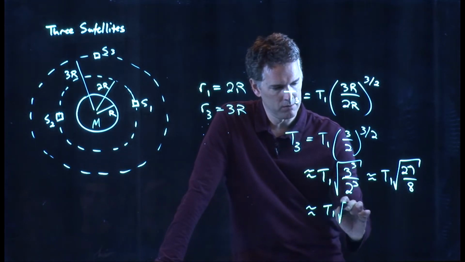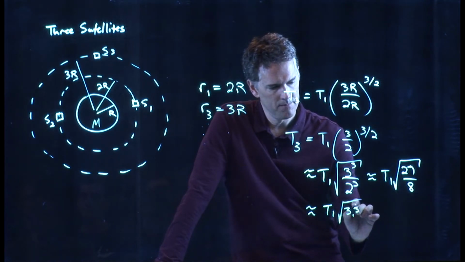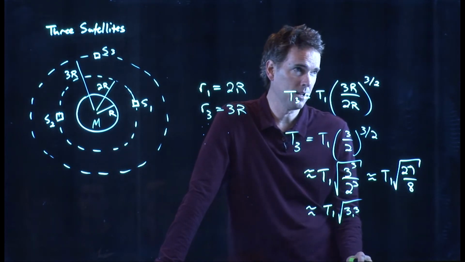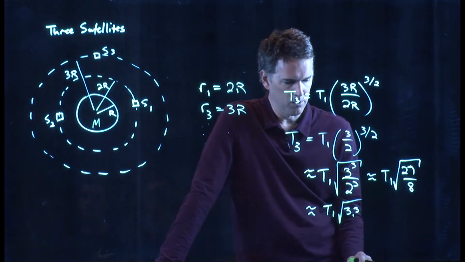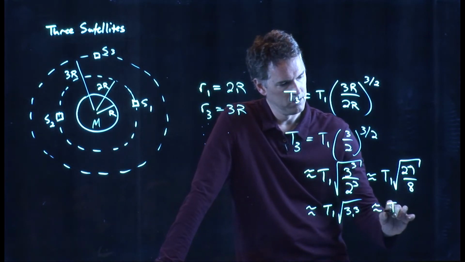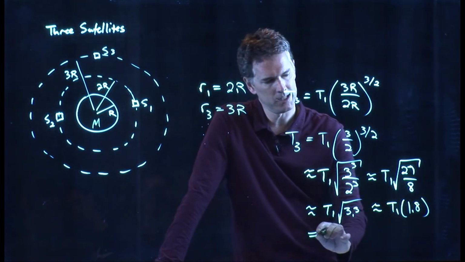So that is about 3.3. And if I take the square root of 3.3, what do I get? Well, square root of 3 is 1.6, so it's got to be a little bit bigger than that. So we'll say 1.8. And what was the exact answer that you had?